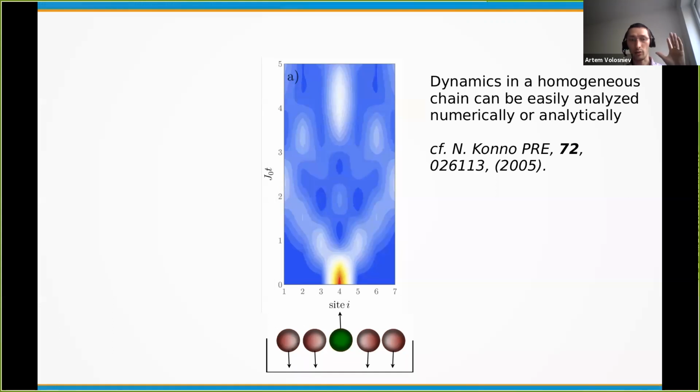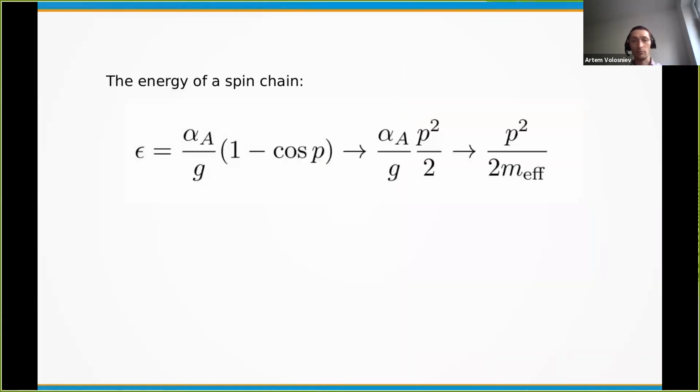Okay, and just to give a little bit more insight into this dynamics, I will solve this spin chain. I will show you the ground state energy of the spin chain, and that's something that you all know for a single magnon. Then in the limit, that's basically referring to this comment of a plane wave.